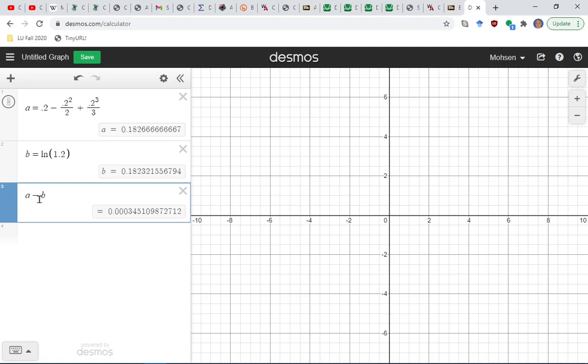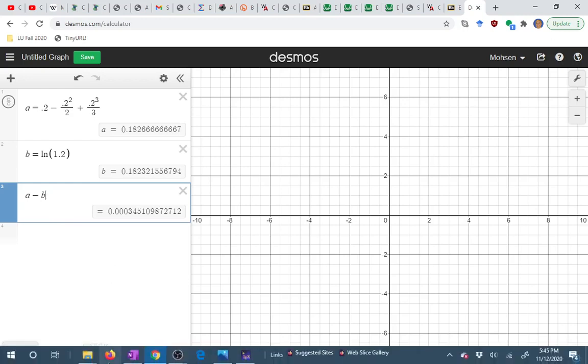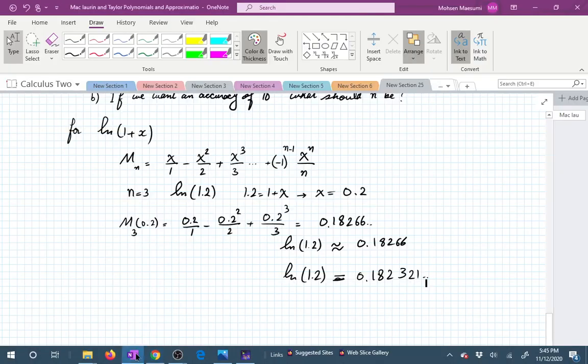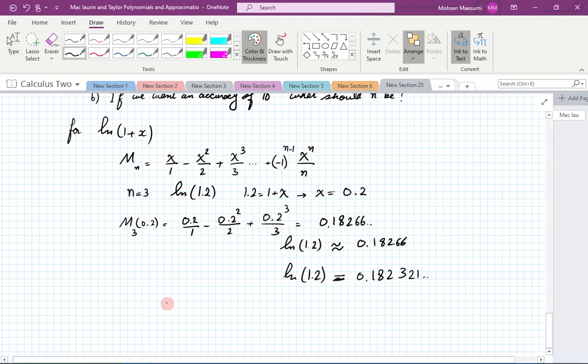So 0.000345. We have the quantity 0.18266. That is what our polynomial gives us. The question is, how much are we off? That's called the remainder, or Rn, to give us the actual value of the function, which was the logarithm of 1.2.